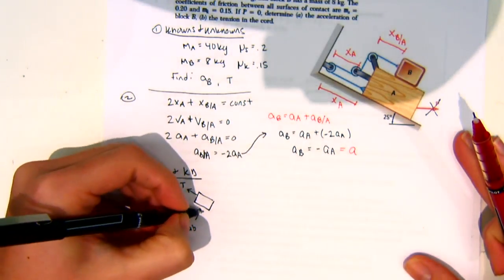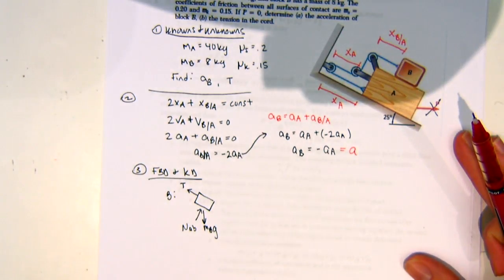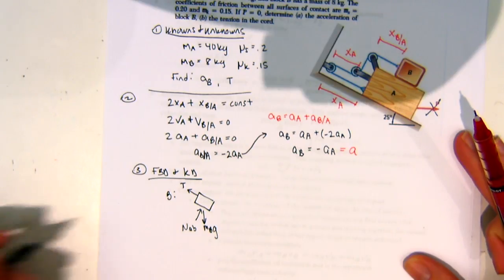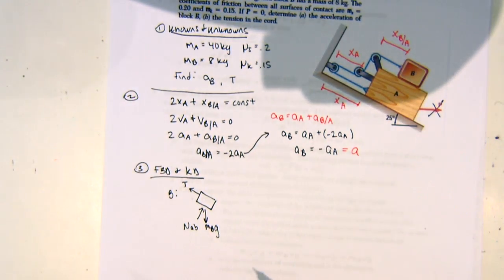I know that we have MBG acting straight down. And so if this thing is trying to move up the slope, which way is friction going to act? Down the slope, right?